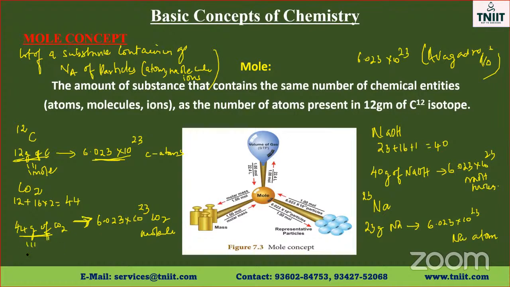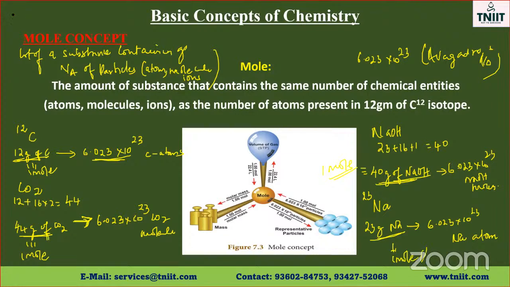That means 44 grams of carbon dioxide corresponds to 1 mole. 40 grams of sodium hydroxide is 1 mole of sodium hydroxide. 23 grams of sodium also is a mole.